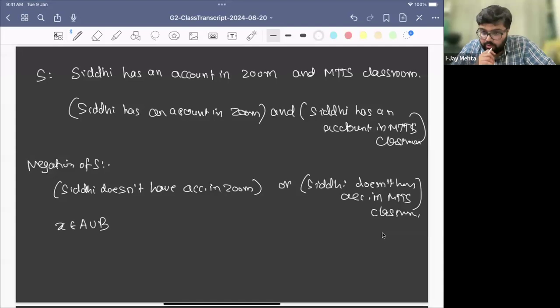Room number 8, Rahul, are you there? Parth? Room number 4? Room number 4, Mansi?